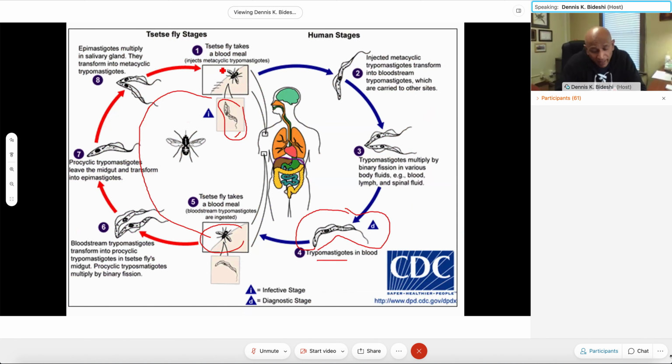It's the same that we saw for Chagas disease or American trypanosomiasis, except the vectors are different, right? The vector for the American one or Chagas disease is the reduviid bug, also called the triatoma bug or the kissing bug.